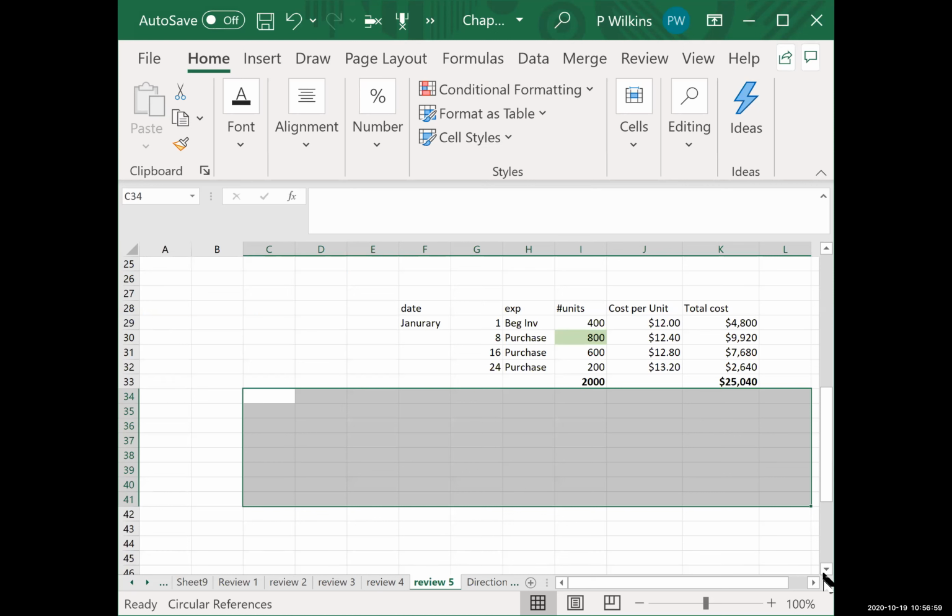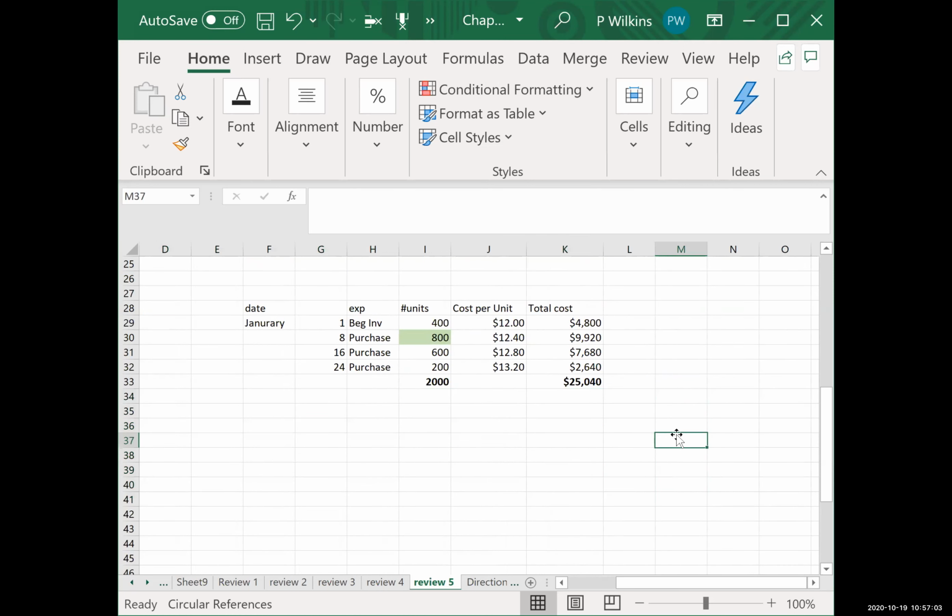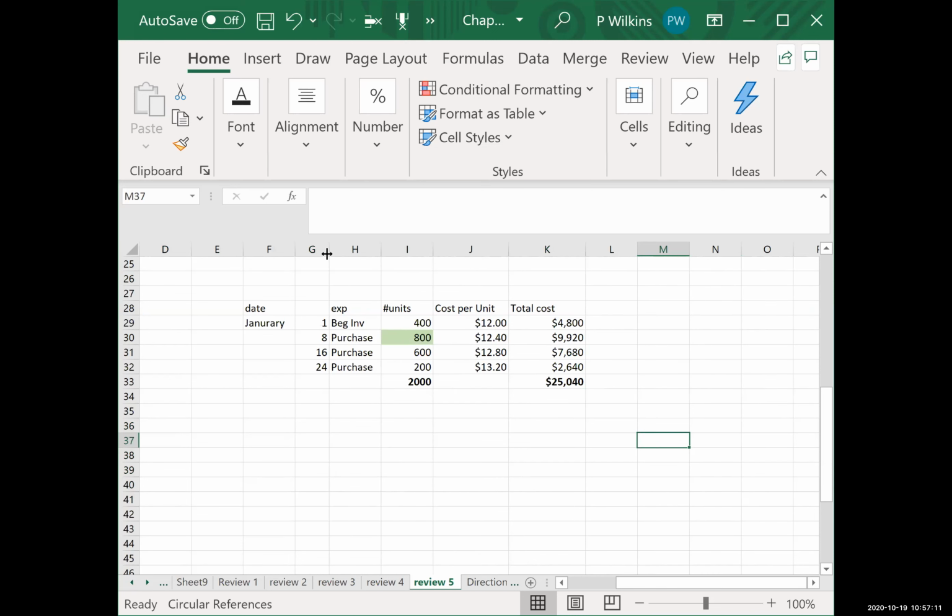All right, so we are going to go over here and do the problem. This on the screen is my representation of problem number 5 for Harlan Company.